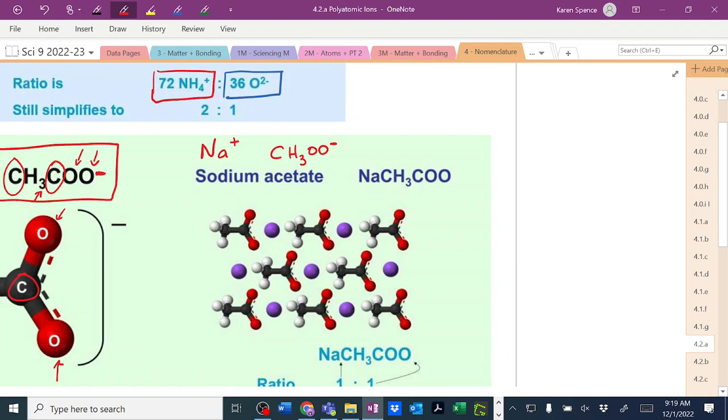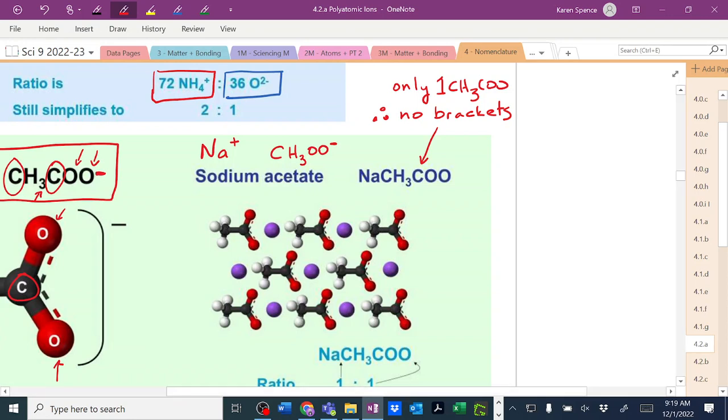No. So they're going to be 1 to 1. So you'll notice there's only one acetate, CH3COO. Therefore, there's no brackets. And this would be the crystal lattice structure of sodium acetate.